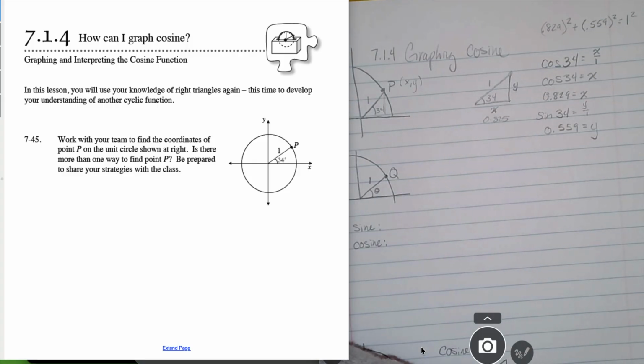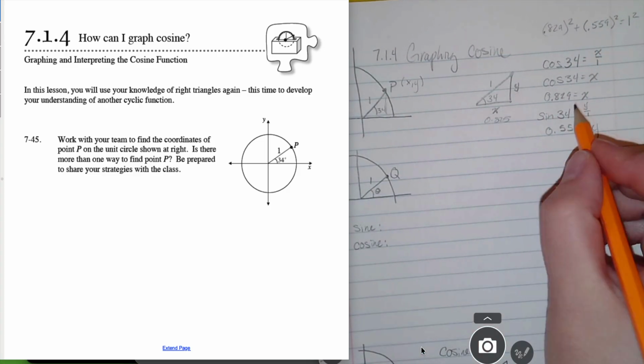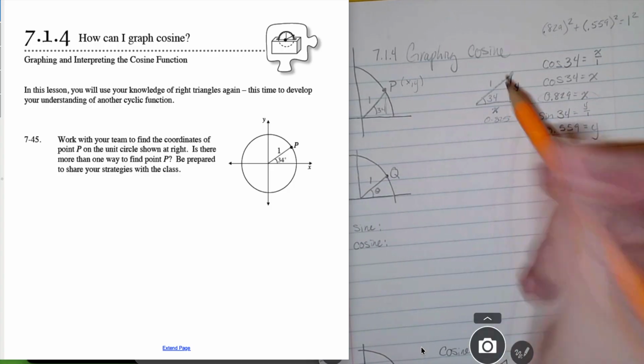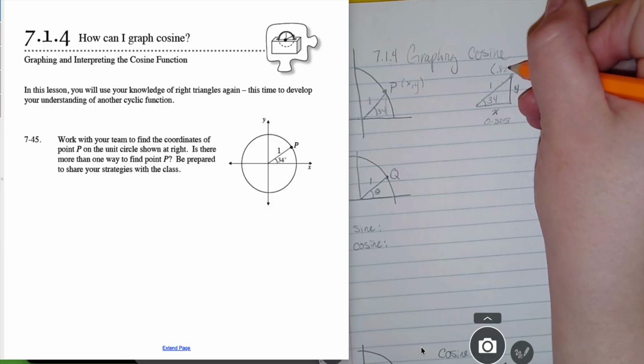So I'm going to test that theory just to make 100% sure. Cosine 34. And it does actually work. So both of these would have worked, and if I were to go from here and do Pythagorean theorem, it would have worked as well. So the coordinate point of this particular spot would be 0.829, 0.559.